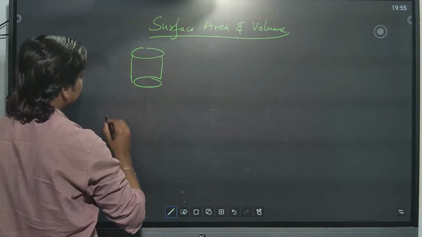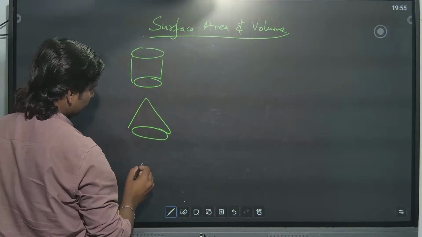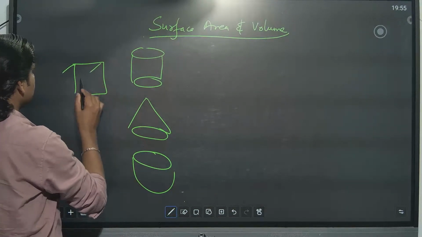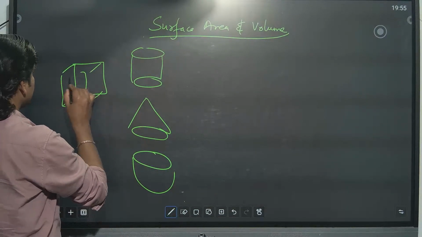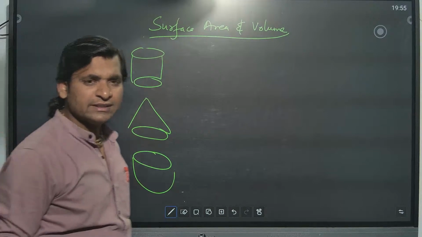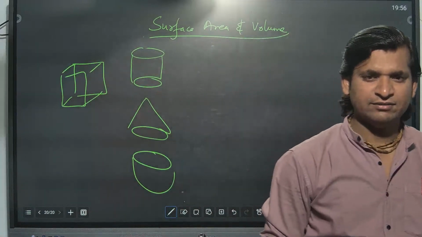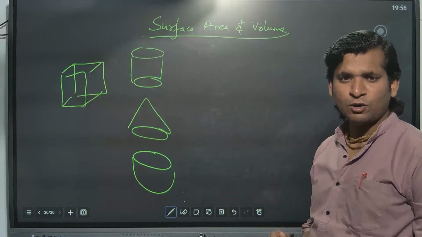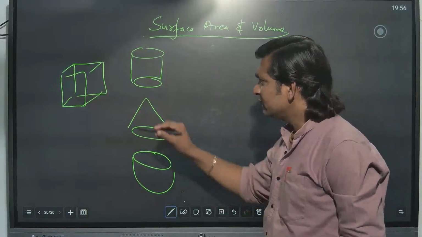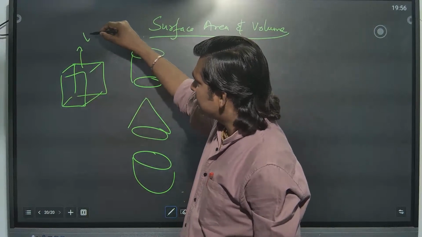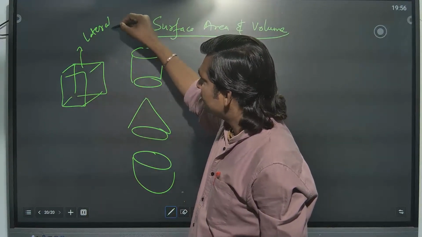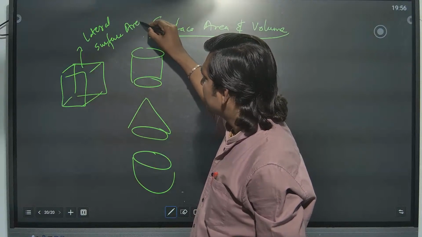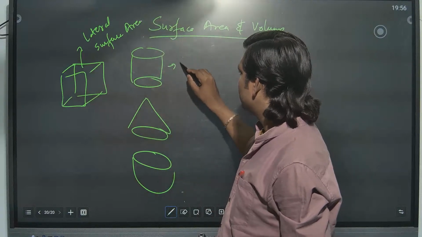This is our cylinder, cone, hemisphere, cube. Using these four, how many combinations are possible, how many diagrams can we do? In the cylinder we will use lateral surface area, and in the other three we will use curved surface area.